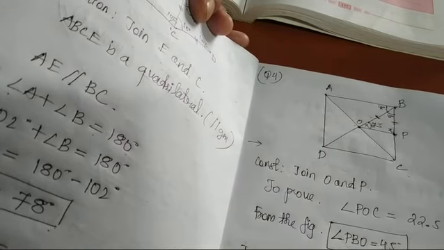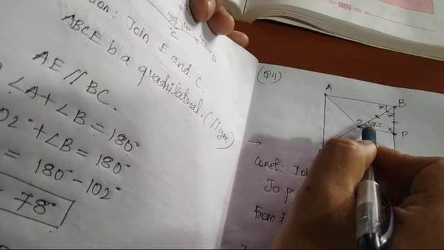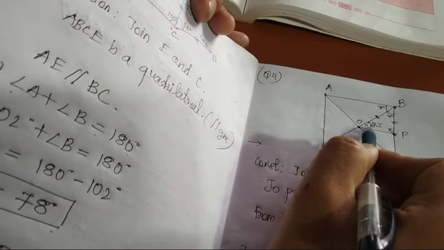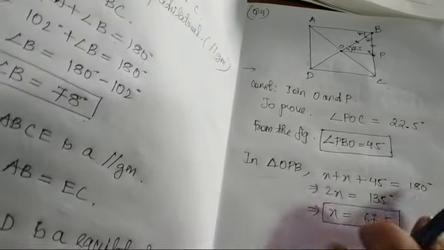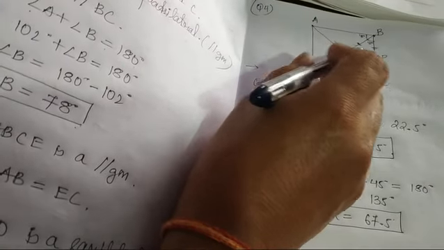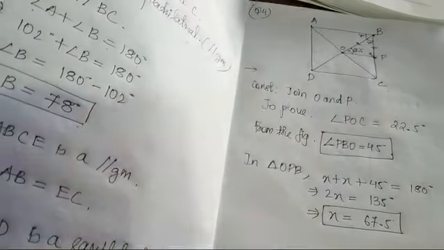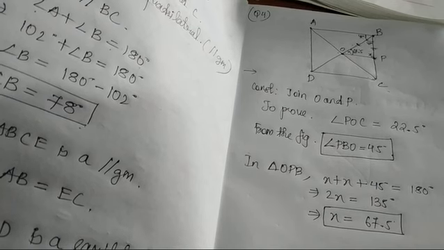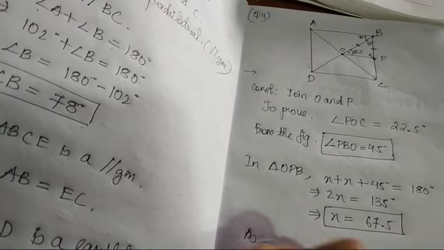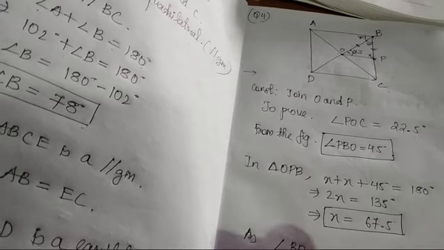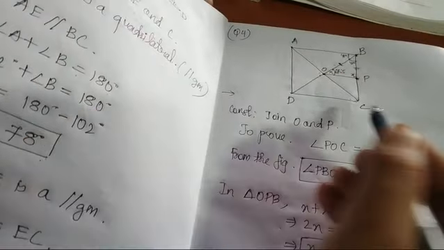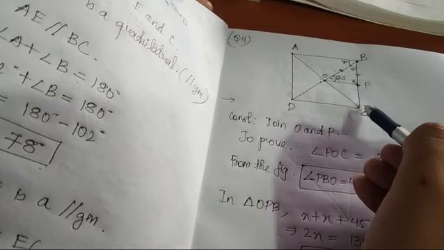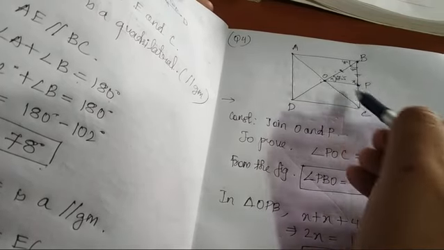On this 67.5, I know this whole angle is how much? 90 degrees. So if you subtract 67.5 from 90, then you get POC. Now write down angle BOC. BOC is 90 degree.